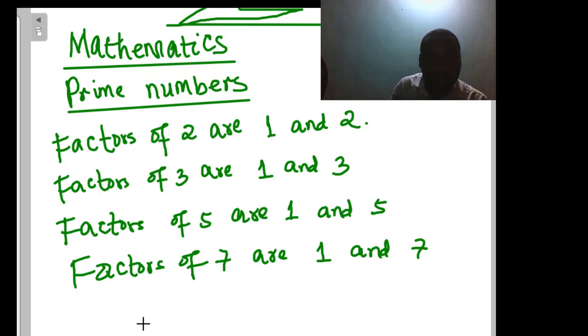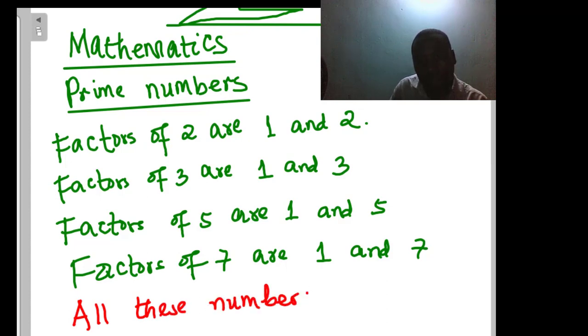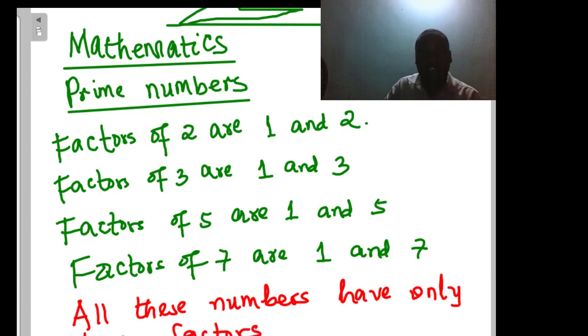One thing you will notice about all these numbers is that they have only two factors.